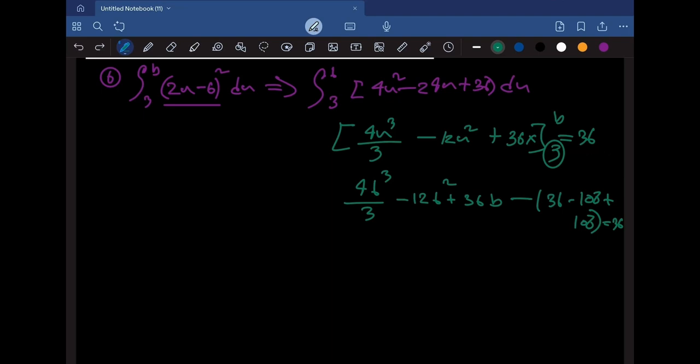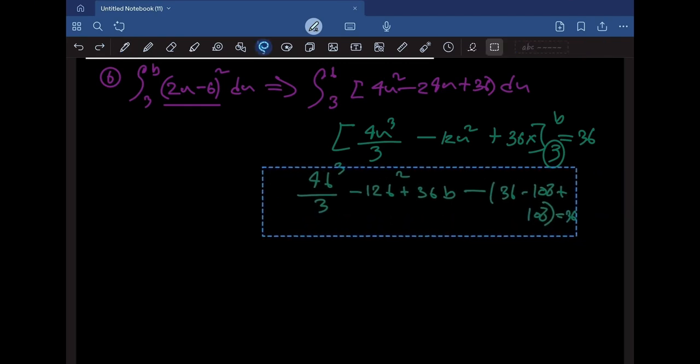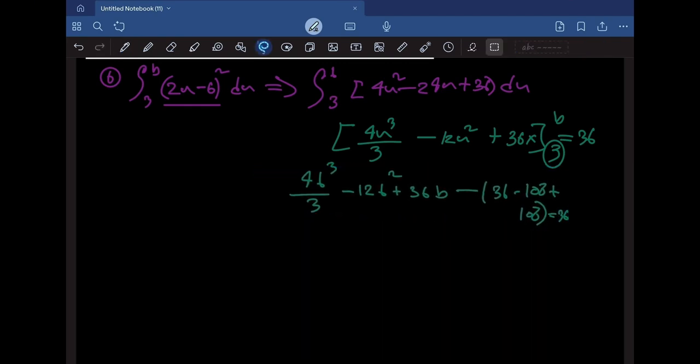Now what we'll do in the next part is multiply all of them with 4 by 3.